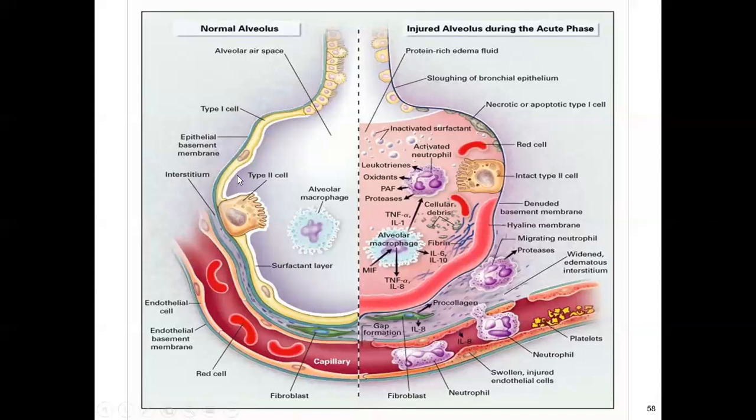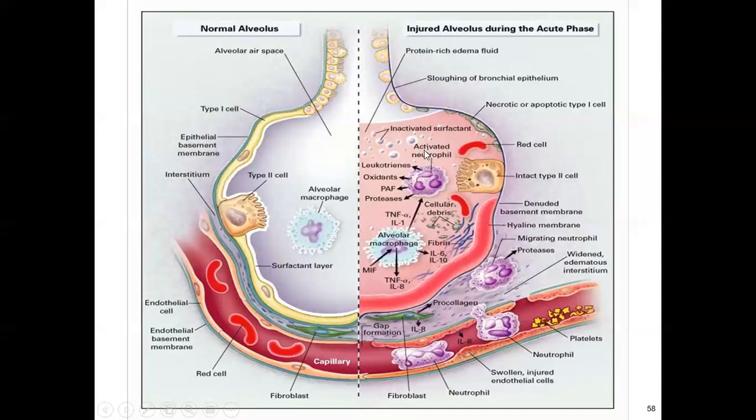And this layer is called surfactant. Surfactant helps the lungs not to collapse. And this is the interstitium. And this one, the capillary, where the blood vessel is traveling, has endothelial cells, right? And here, gas exchange occurs.